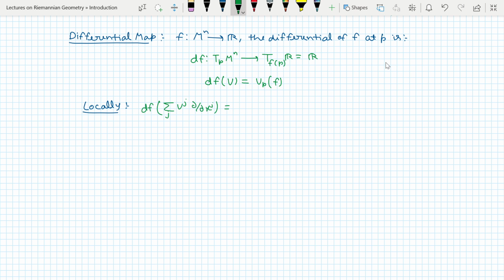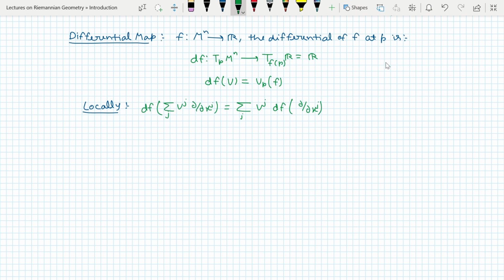Now, df is just a linear map, so it will satisfy the properties. You can take the summation out, you can take the components vj out, and then this df will operate on del over del xj.